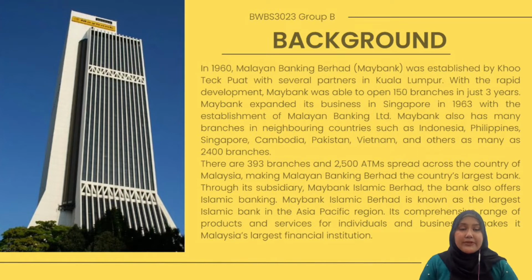Through its subsidiary, Maybank Islamic Berhad, the bank also offers Islamic banking. Maybank Islamic Berhad is known as the largest Islamic bank in the Asia Pacific region. Its comprehensive range of products and services for individuals and businesses makes it Malaysia's largest financial institution.